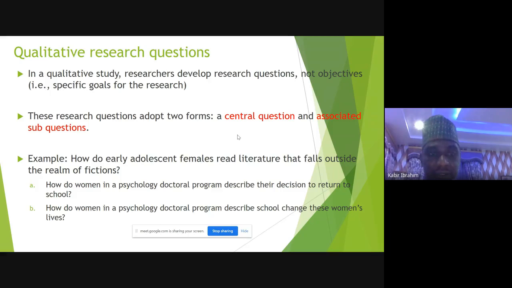For example, how do early adolescent females read literature that falls outside the realm of fiction? This can be the central question. And the subsequent questions or sub-questions can be: A, how do women in a psychology doctoral program describe their decision to return to school?